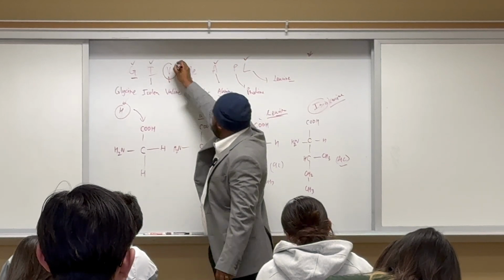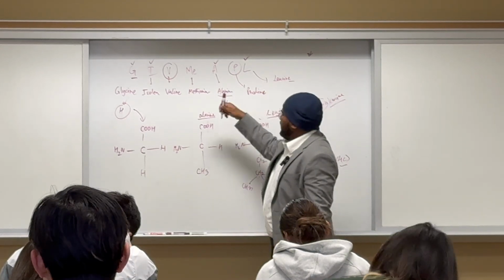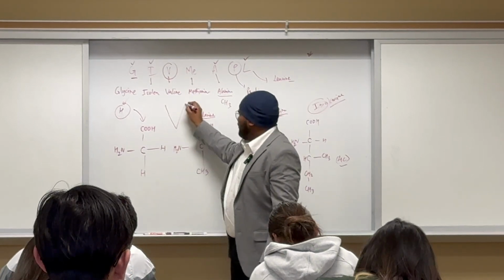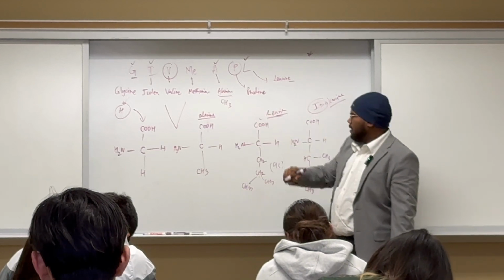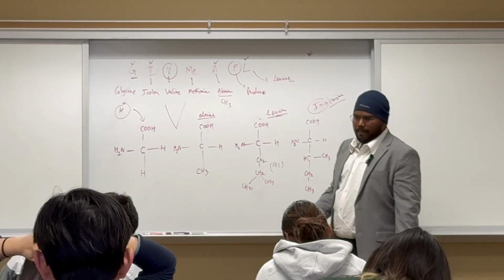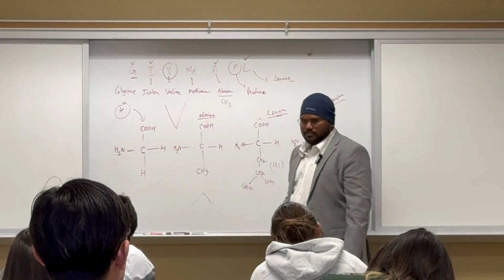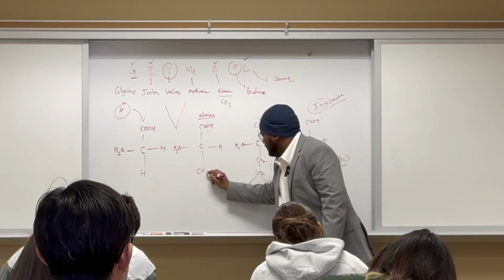Now we have to remember valine and proline. Let's discuss valine. Can you see V? V for valine. Let's invert the structure. V could be this V, and this V could be CH2.